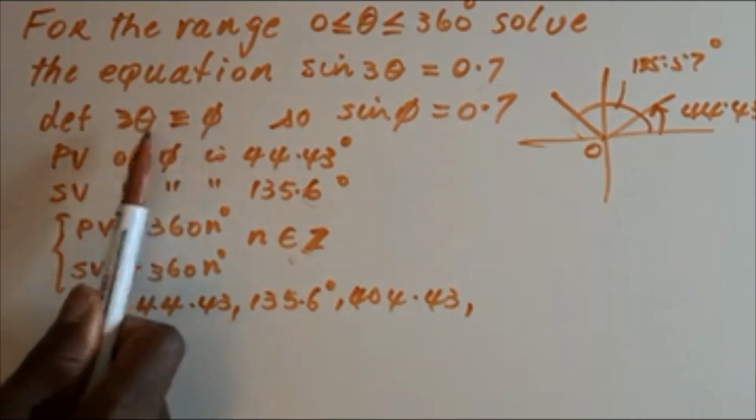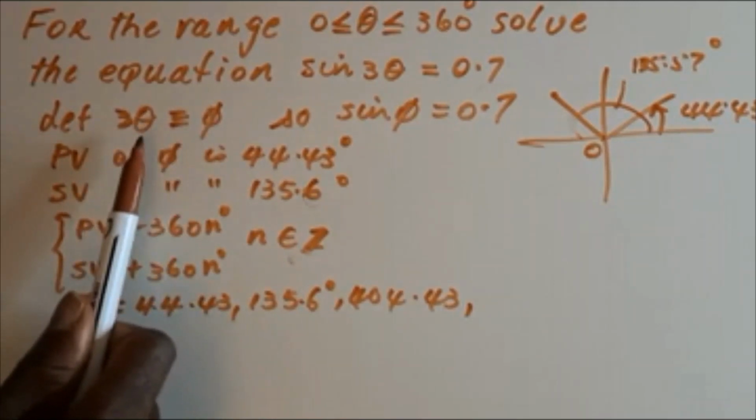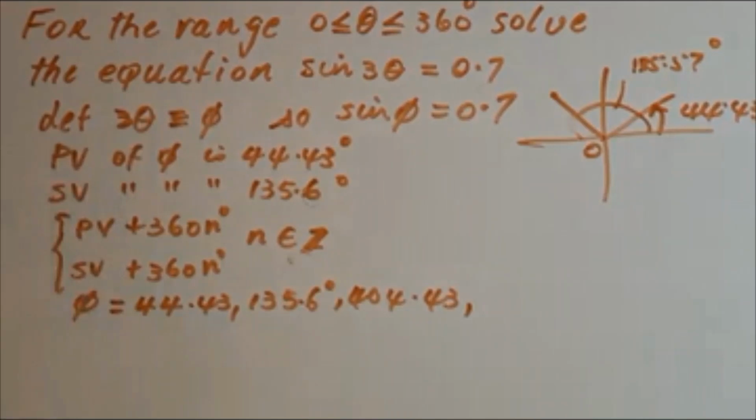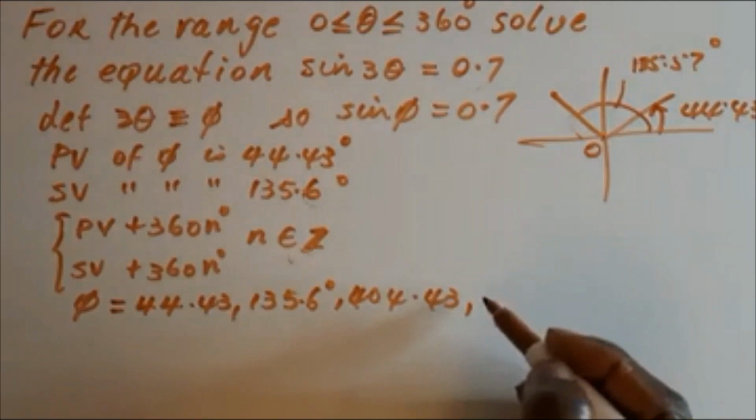Remember, phi is 3 times theta, so in order to find theta we want a third of phi. So these are our values.